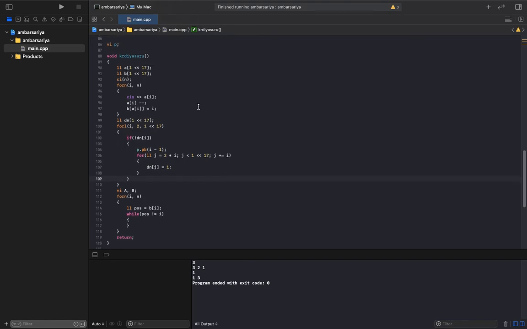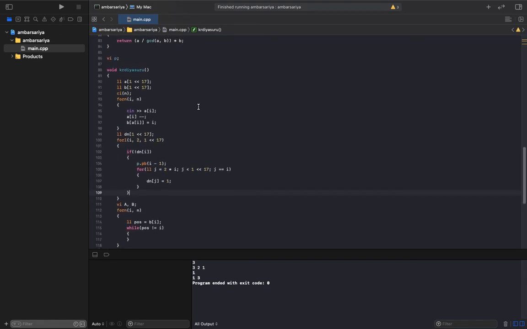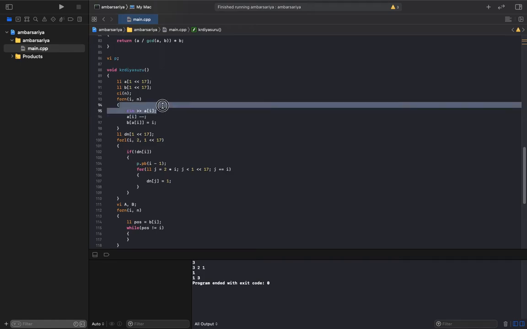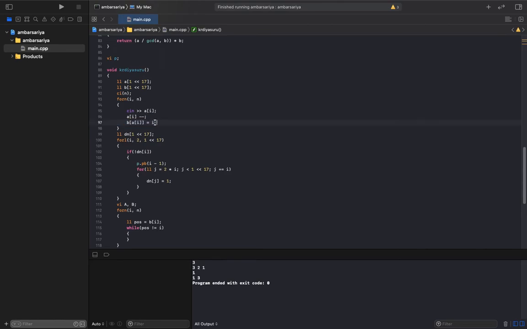What I have done till now in this question is I have taken the inputs in A and stored their current index. I try to keep all the values 0-based, not 1-based. Here I have stored the primes in P, all the primes up to 1e6, 2 raised to power 17.